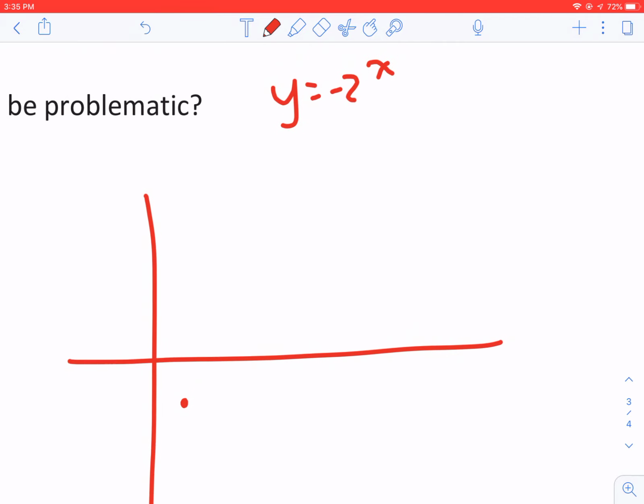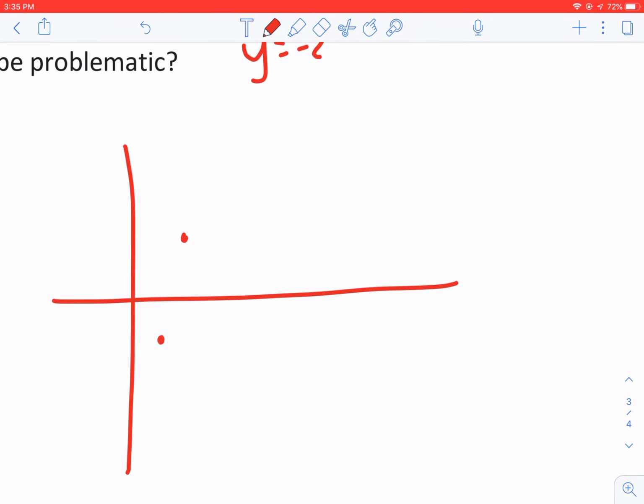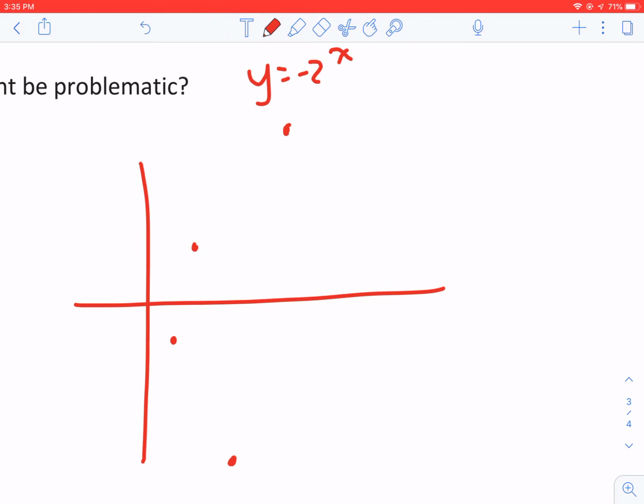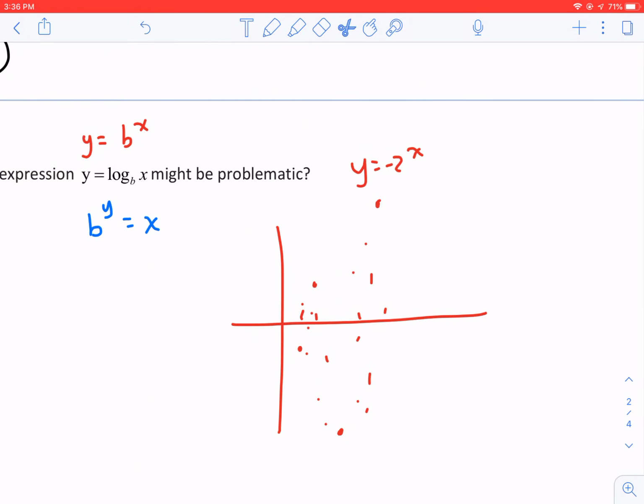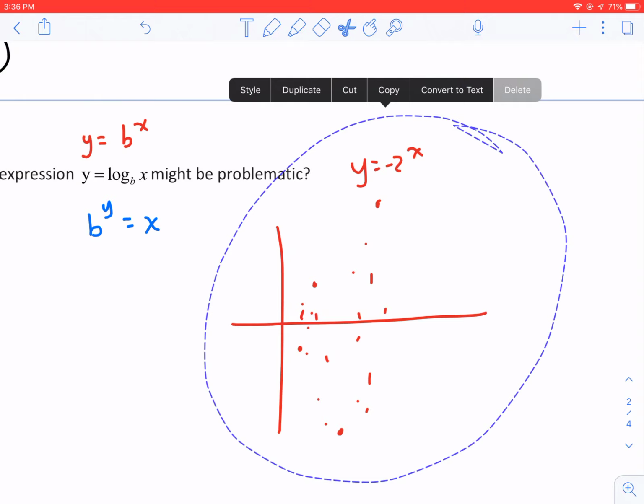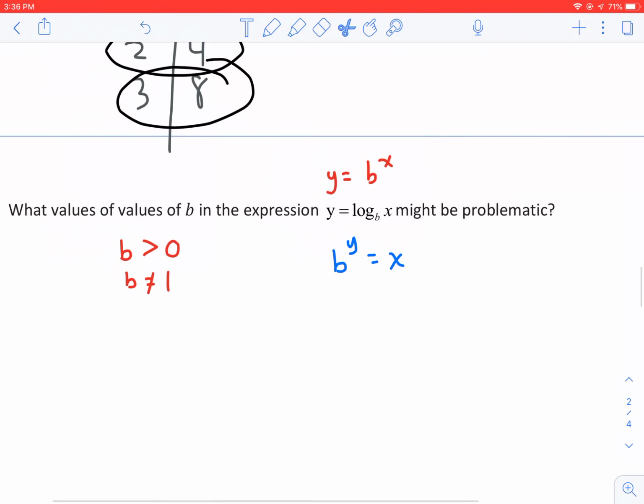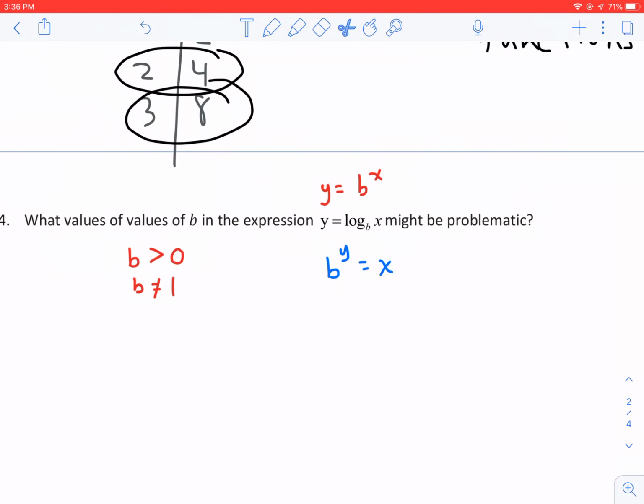When x is positive 2, we're going to have 2 comma 4. When x is 3, we're going to have 3 comma negative 8, which is down there, then 4 comma 16. Right, and then in between, we're going to have like all sorts of crazy values. It's going to be undefined or imaginary, a whole bunch of places. It's just, technically it could be negative, but it's not something we want to consider.